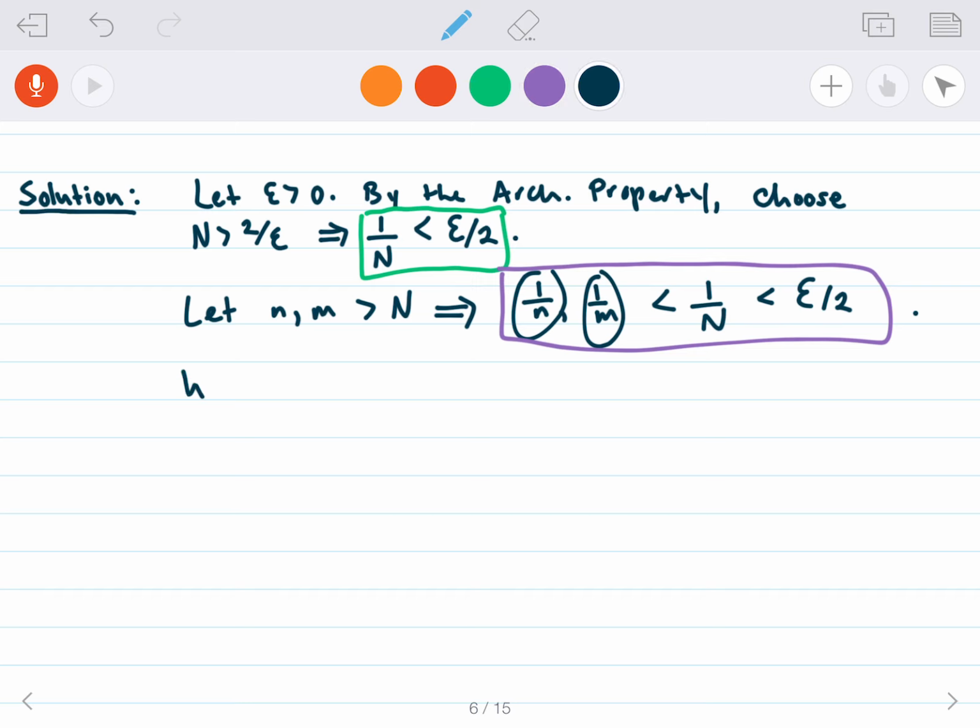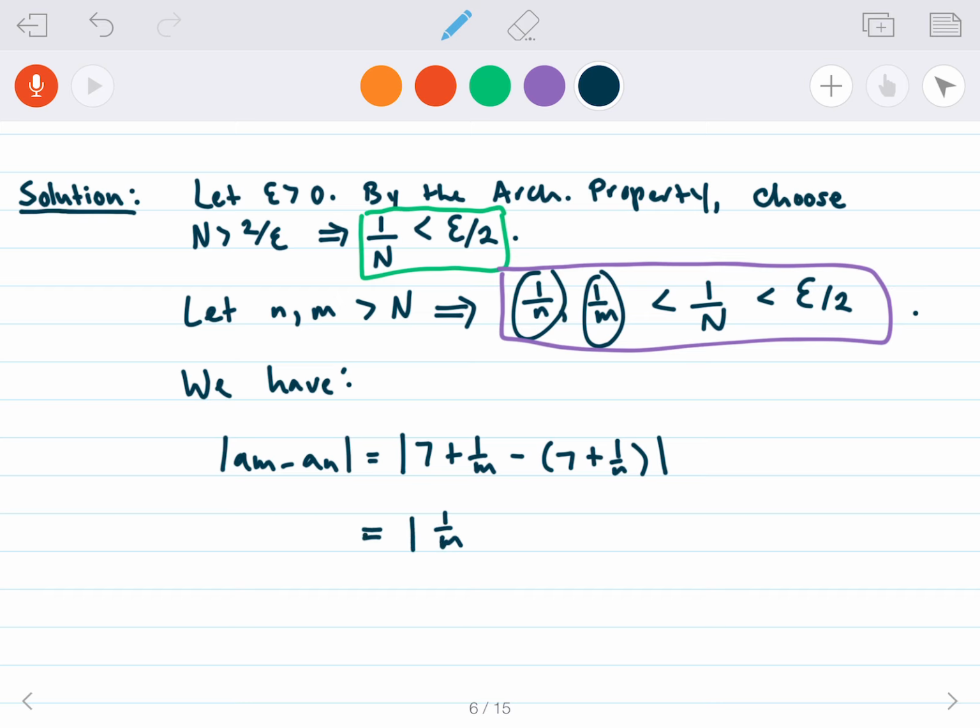Then we have the following. We have a sub m minus a sub n, just plugging in our values for our sequences. Simplifying, this becomes 1 over m minus 1 over n.